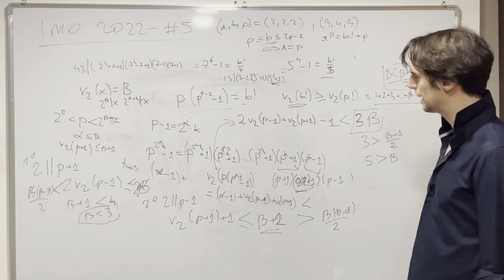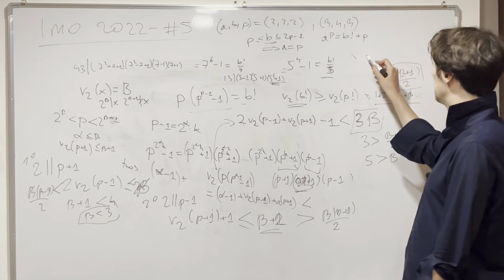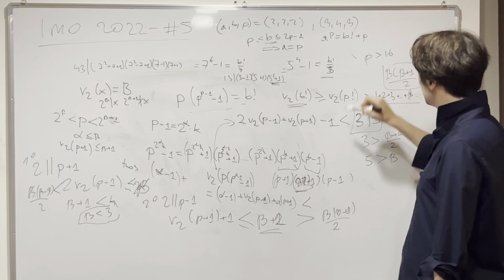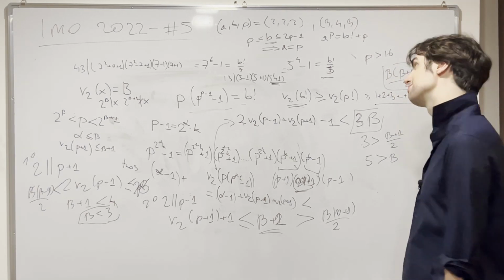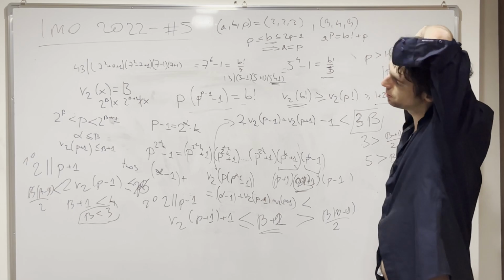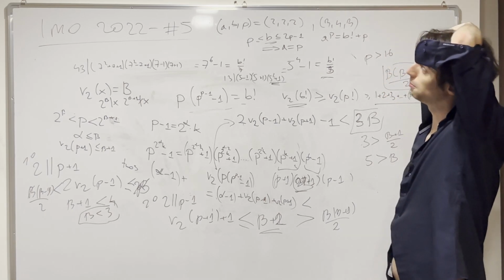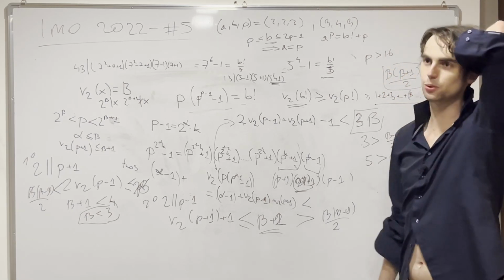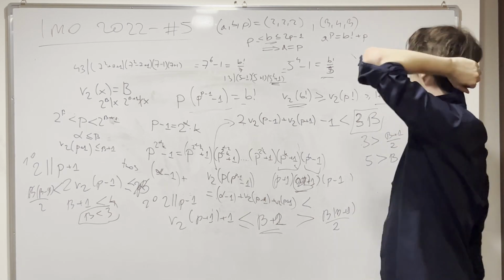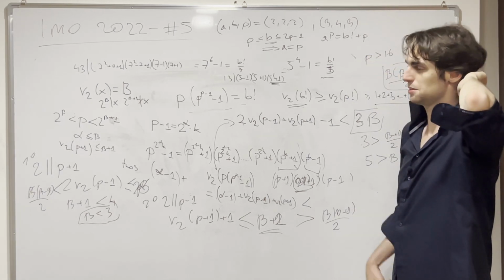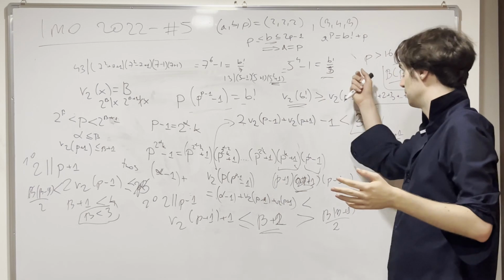I could even say I'm dealing with primes where p is greater than 16. Then what is my b factorial going to include? Is it going to include a 10? That's the only thing I'm really interested in. Yes, b is greater than or equal to p, so it's going to include a 10.